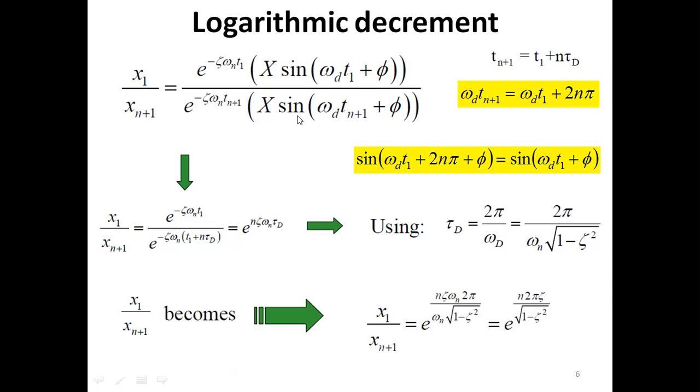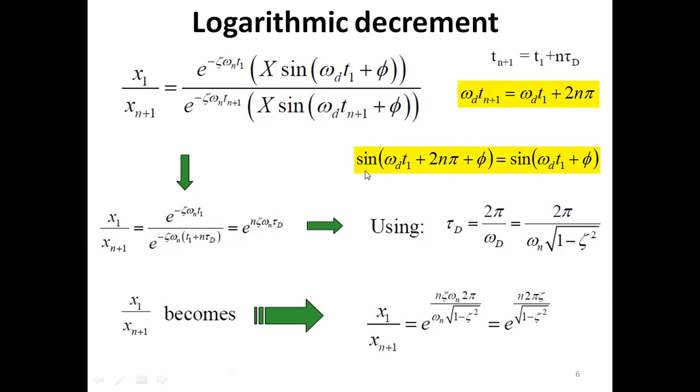So if we put this in the argument of this sine function, this sine function will be sine omega d t1 plus 2 n pi plus phi. In the sine function, if we are adding 2 n pi to the argument, then it would be equal to sine omega d t1 plus phi.